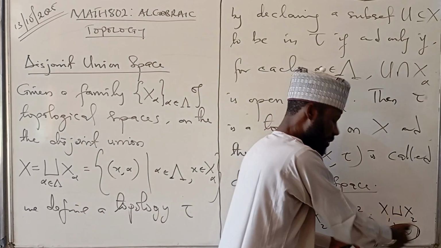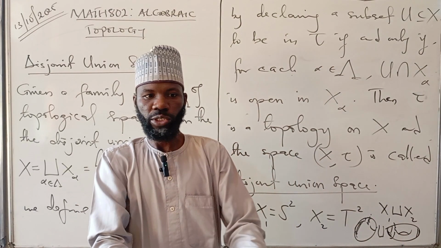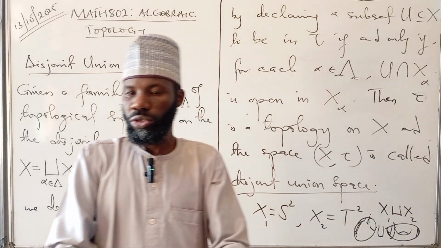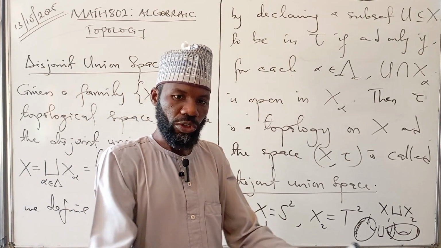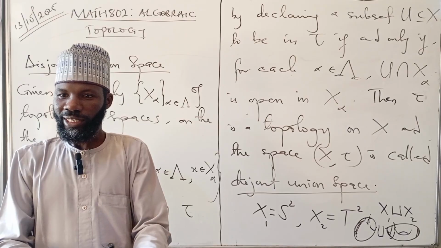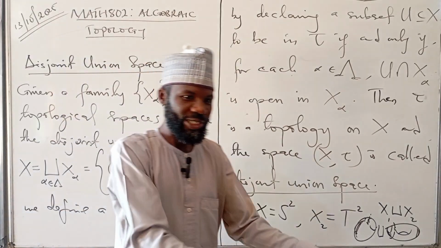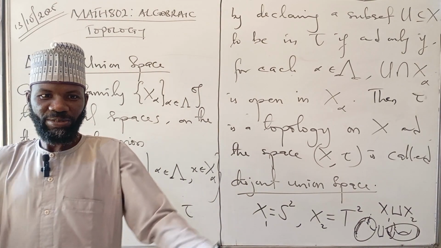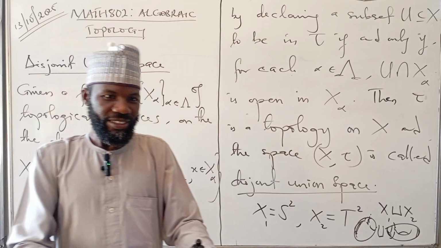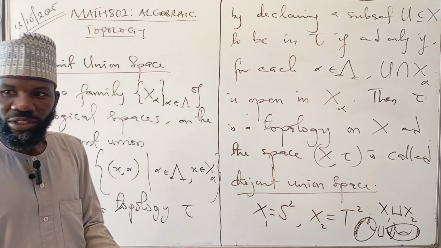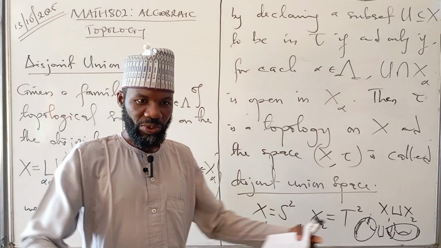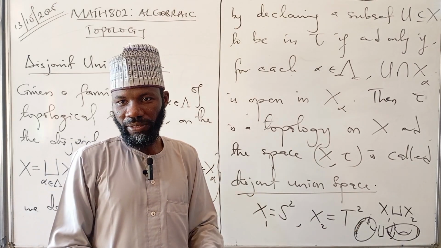And then the spaces together will form a new space, which is the disjoint union space. But you know, this space is almost all the time a disconnected space, because it is this space with that space. If these spaces are not intersecting, they originally are not intersecting, the disjoint union space will still be disconnected. Are you following?